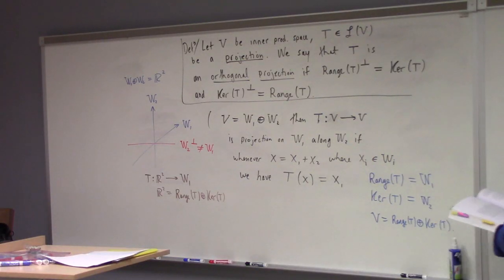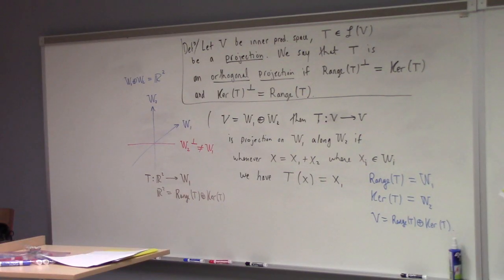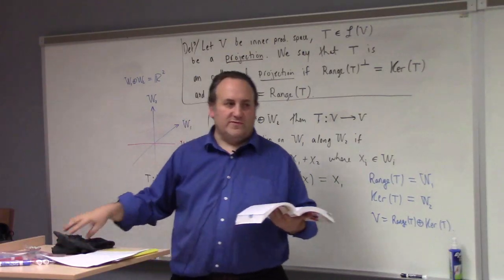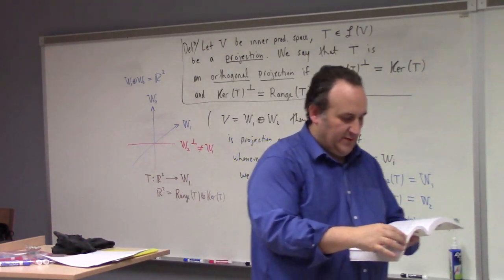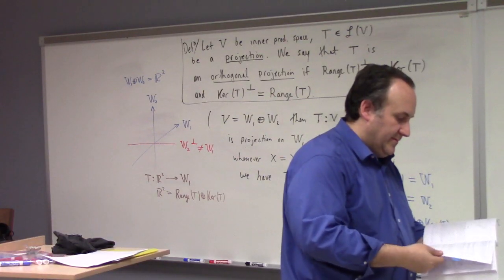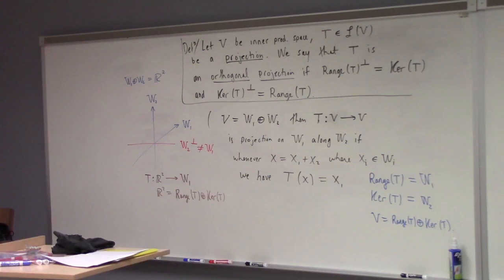I kind of already spilled the beans last class: an operator is diagonalizable in a complex inner product space in the orthonormal sense if and only if it's a normal operator, and a real operator is orthonormally diagonalizable, that's a mouthful, in a real inner product space, if and only if it's self-adjoint.